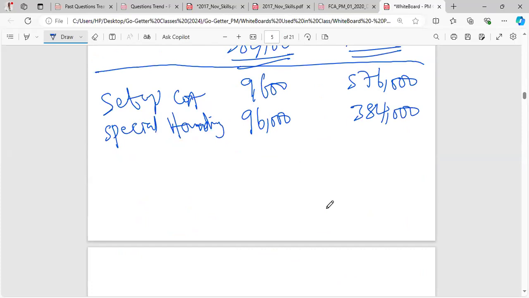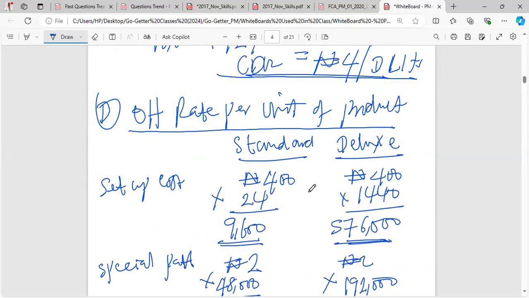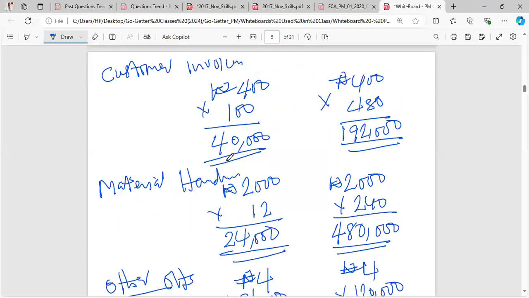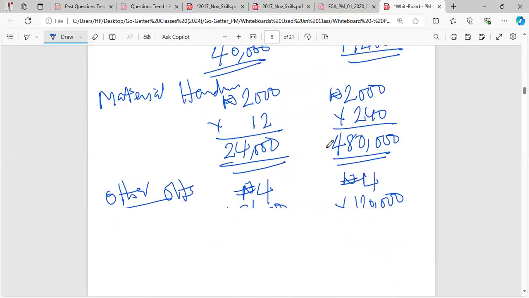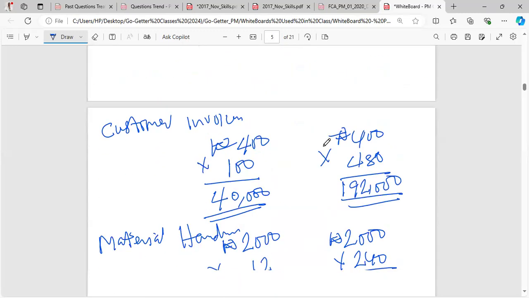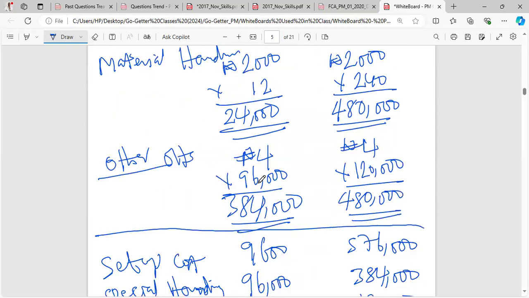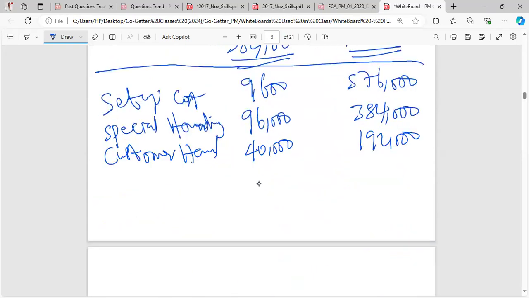Then after special handling, we have customer invoicing: 40,000 and 192,000. That's customer invoicing. Then the next one is material handling: 24,000 and 480,000.